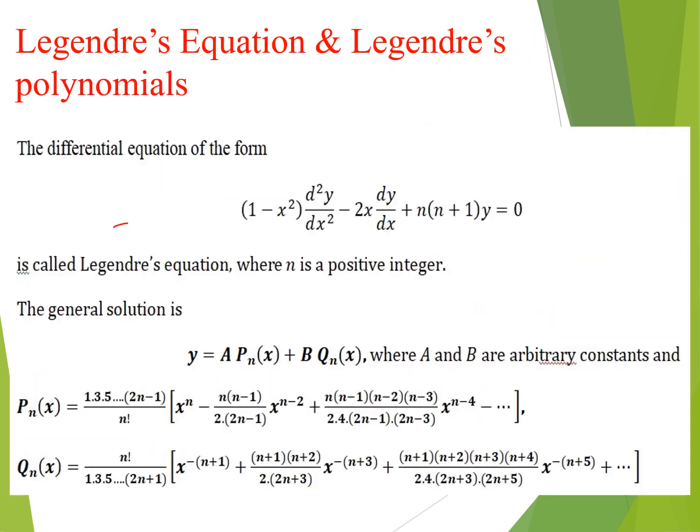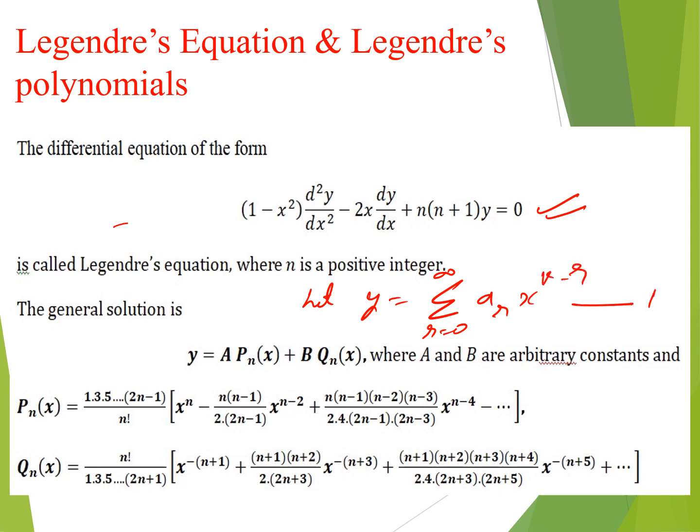Now, the Legendre equation and Legendre polynomial. This differential equation we solve by assuming y is equal to summation, r is equal to 0 to infinity, of ar x to the power k minus r.